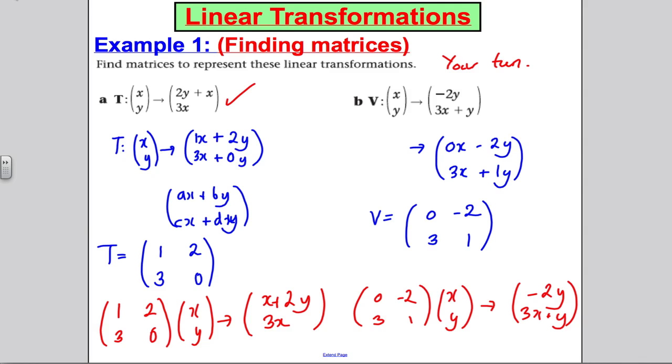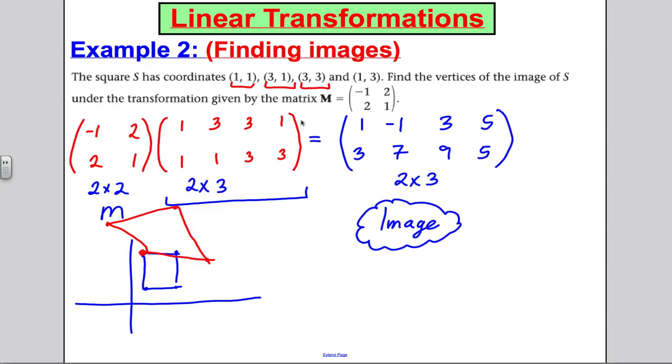And then, if you are told the matrix and you want to find out what happens when you apply that transformation to points, you just do a matrix multiplication. You take the matrix out in front and multiply it by the position vectors of each of the points you're interested in. That tells you where the image under that transformation actually is, i.e. the output of that transformation.